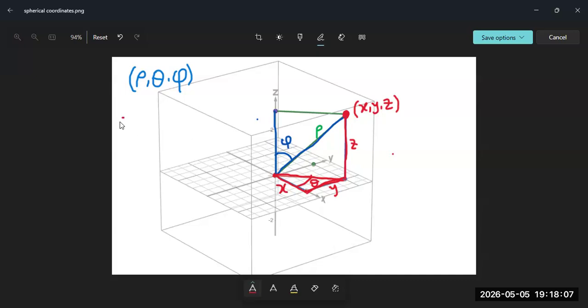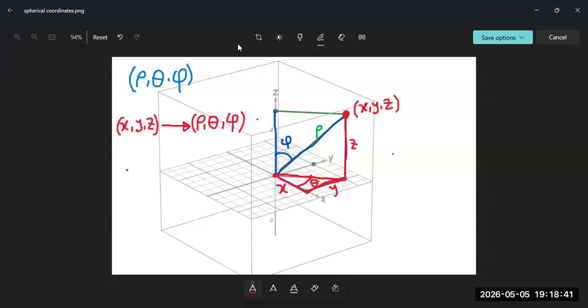So basically we are trying the transformation of a point from rectangular coordinate system to spherical coordinate system: rho, theta, and phi. First of all, how can we calculate the rho quantity?